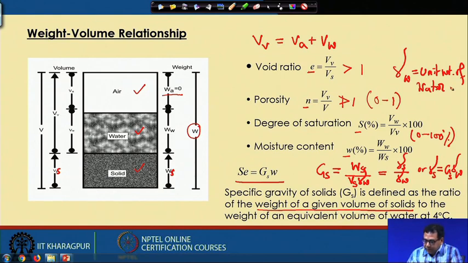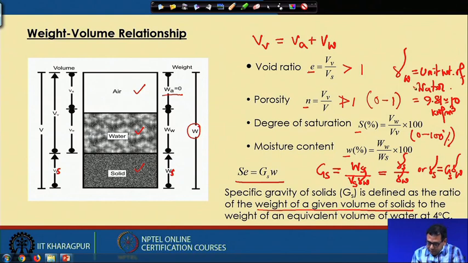This unit weight of water value we take as 9.81 or equal to 10 kilonewton per meter cube, at 4 degree centigrade. In all the calculations, generally I will use the unit weight of water as 10 kilonewton per meter cube. However, you can use 9.81 or 10, anything, but I will use 10 kilonewton per meter cube.